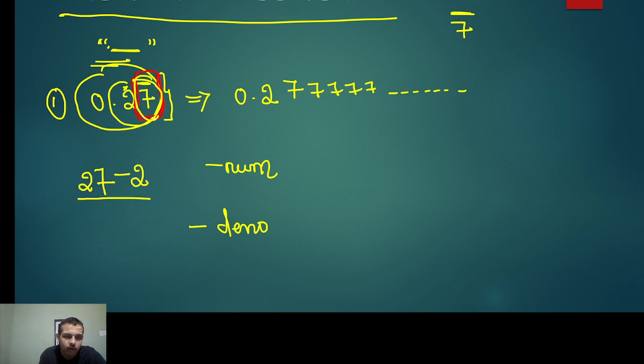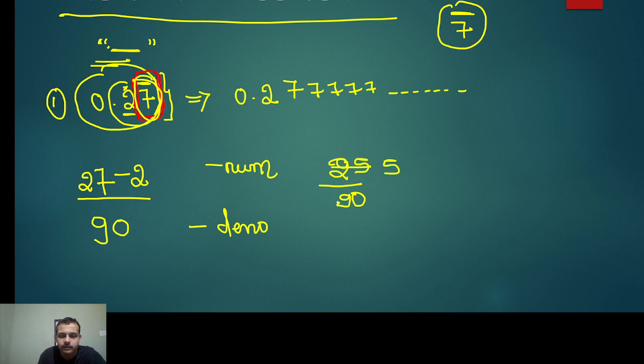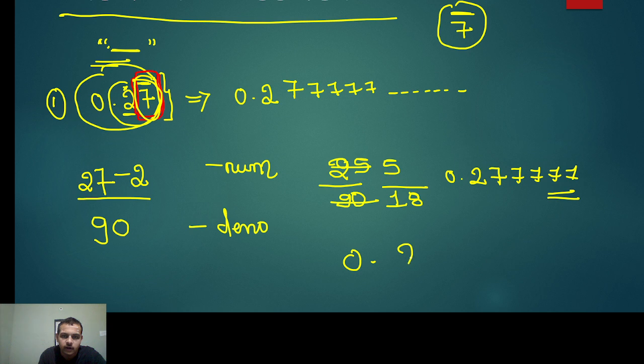There is only one digit with the bar, so we take 9 in the denominator, and for no bar, 0. It becomes 25 divided by 90. Simplifying, 5 5s are 25, 5 18s are 90, so 5 by 18. When you divide 5 by 18, you will get 0.27777. This is denoted as 0.2 and 7 bar. You got this?